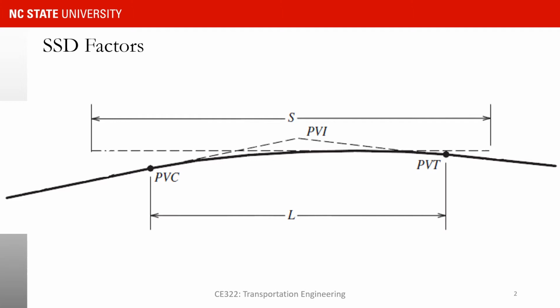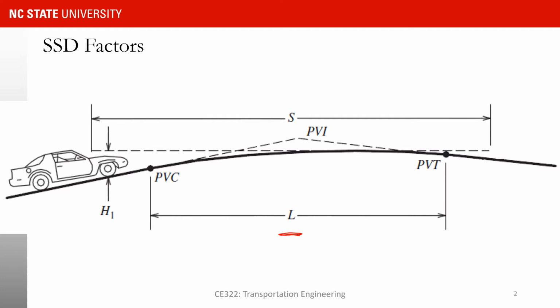The length of the curve is L. You can see the PVC, PVI, and PVT. And now I want to put a car and an object on this curve. So you can see the car on the left-hand side.